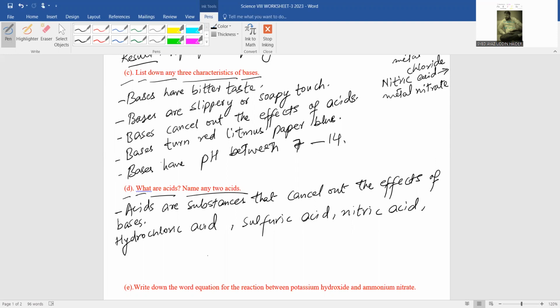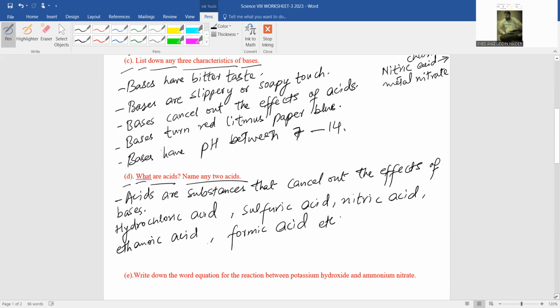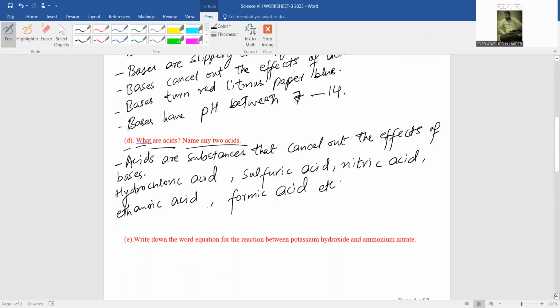You have the acid which is used in vinegar. It's ethanoic acid. The other name for ethanoic acid is acetic acid. You have formic acid. And there are so many acids. You can write other acids' names if you want.